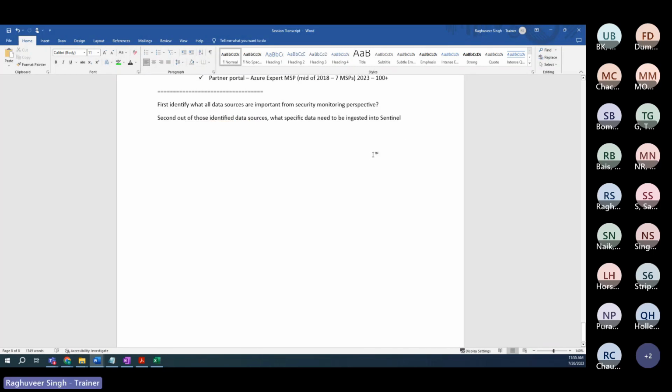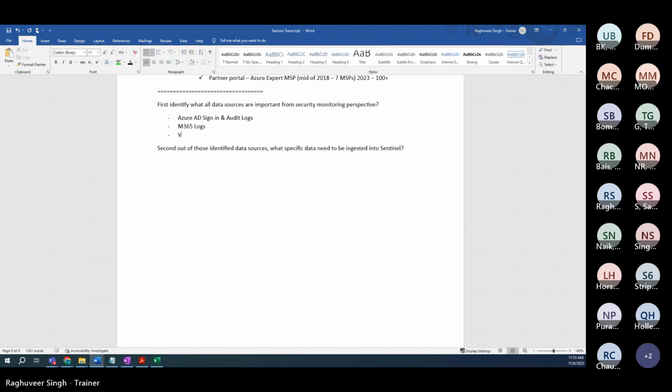When you identify what all data sources are important, this is the first thing. For example, the way we have identified in the examples, Azure AD sign-in and audit logs are important. M365 logs are important.